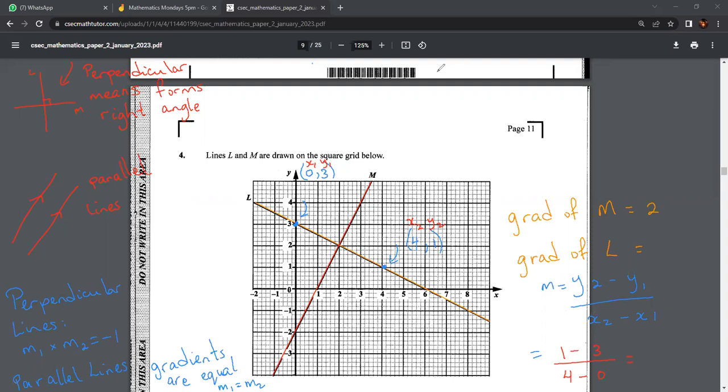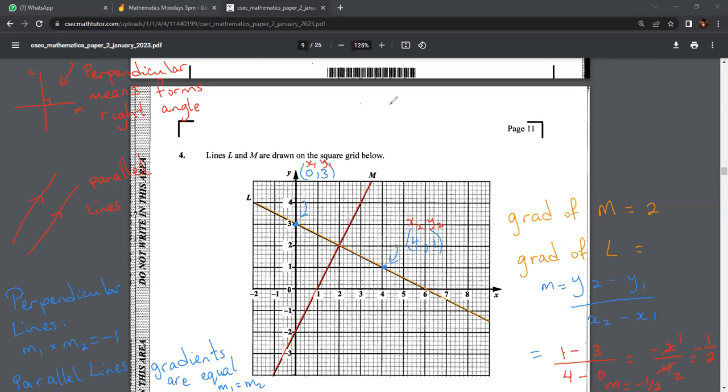Let me just double check. y2 minus y1 over x2 minus x1. So 1 minus 3 is negative 2 over 4 minus 0. 4 minus 0 is 4. 2 could go into 2 once, 2 could go into 4 2 times. So I'll end up with negative a half. So my gradient for L is negative a half.